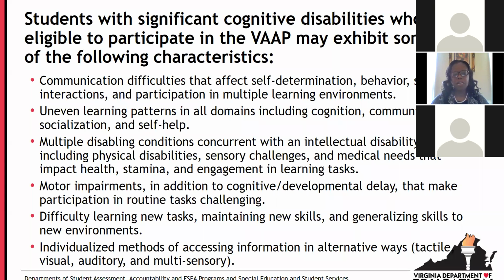So oftentimes what we find with students with significant cognitive disabilities is difficulties in communication that really affects the students' functioning in a variety of areas: in self-determination, in their behavior, in their social interactions with others, in participation across multiple learning settings.